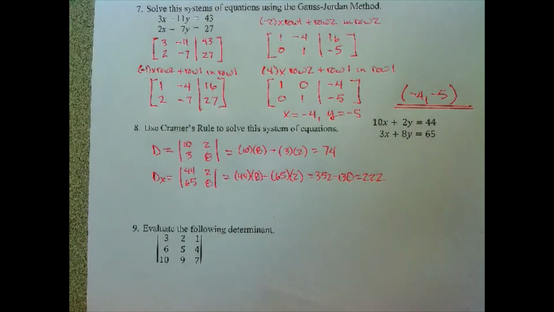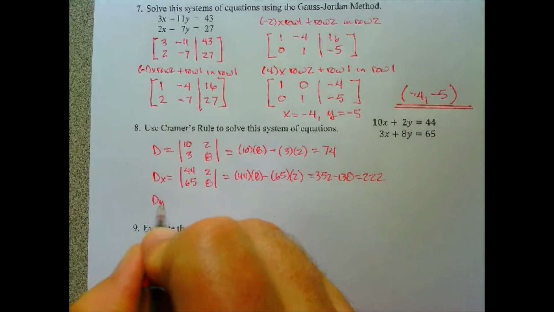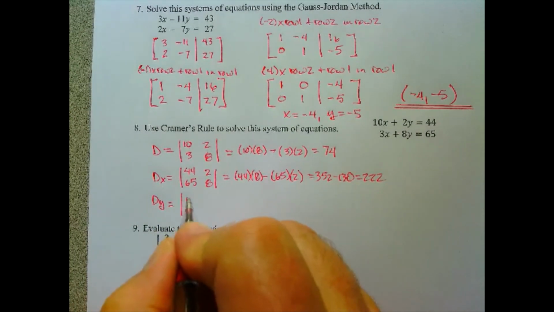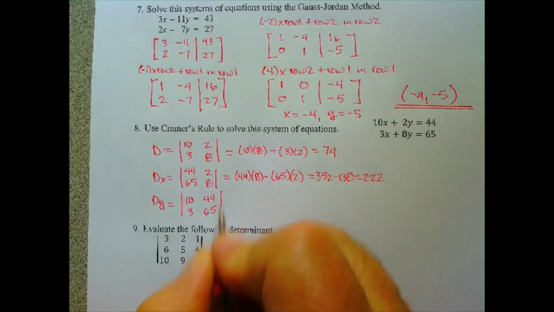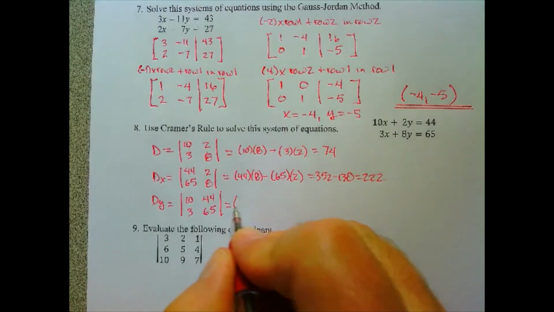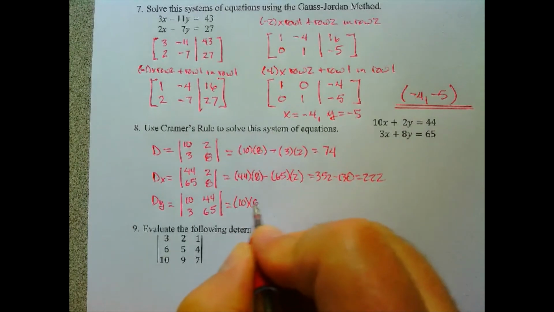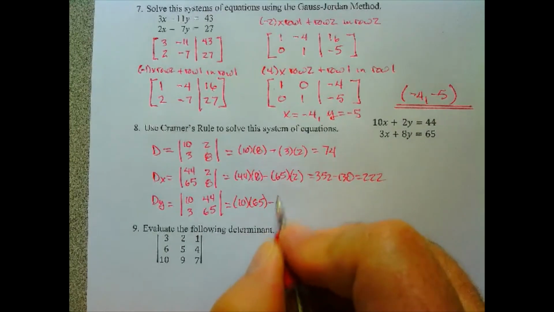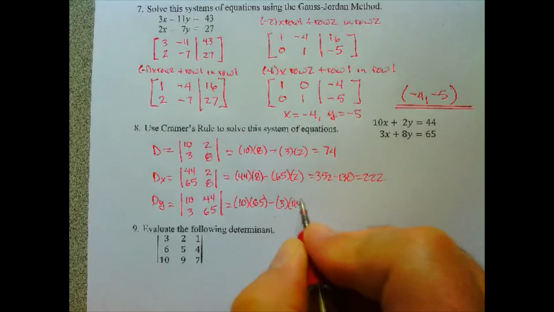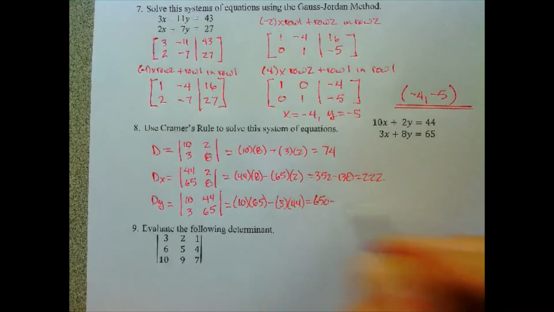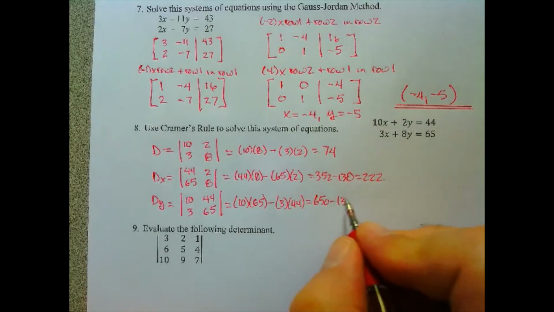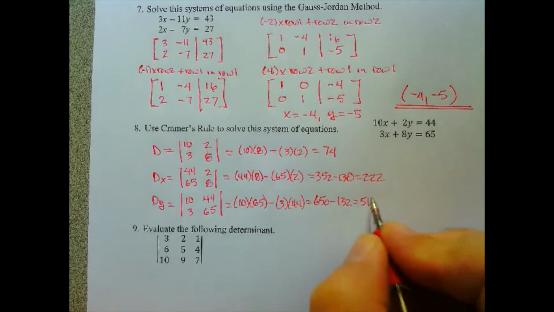Okay, now we'll do the Dy, replace the y's. So the 10 and 3 remain, but the 44 and the 65 go there. And so now I have 10 times 65, subtract 3 times the 44, which is 650, subtract 132, which equals 518.